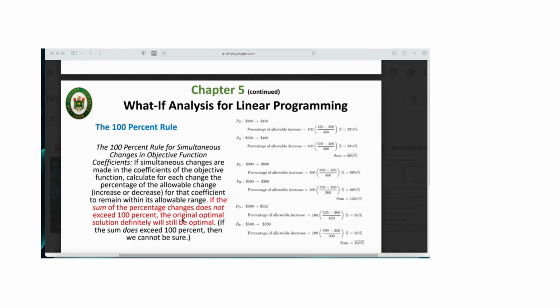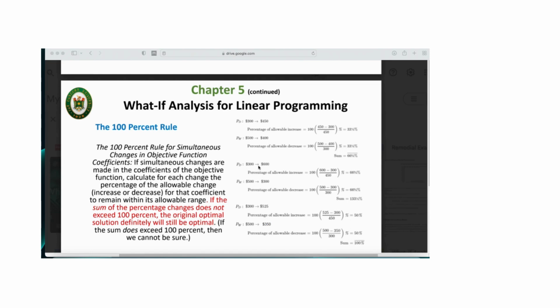How about if the sum of the percentage changes is exactly 100%, like this one here? When we increase 300 to 525 and we decrease 500 to 350, what is the sum of those changes? It's 100%. So it's still within 100. The solution is still optimal.